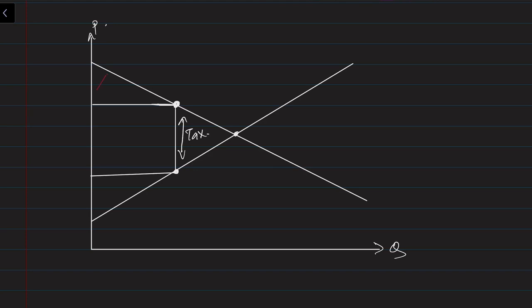So this small triangle is the consumer surplus when there is the tax wedge. All right, now what is producer surplus? So the area under the supply curve and the effective price received by sellers. So this is the price received by sellers. So this small triangle is the producer surplus.